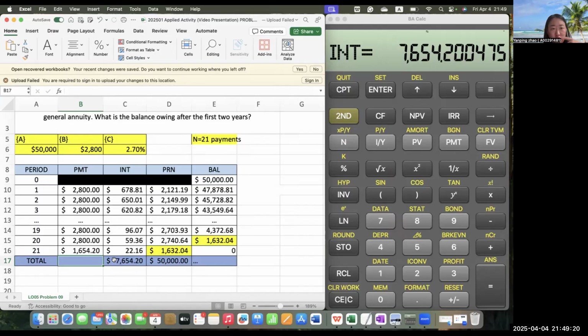The total paid is equal to the sum of the total interest and the total principal.